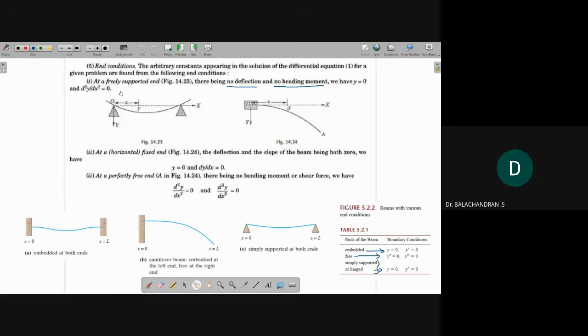And then we discussed end conditions. Using these end conditions, we can find the arbitrary constants which appear in the differential equation.